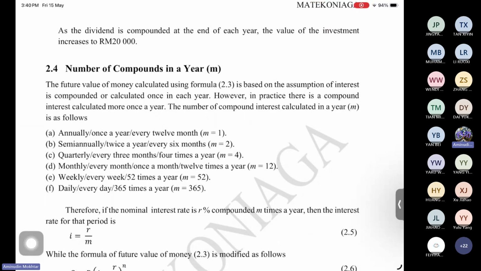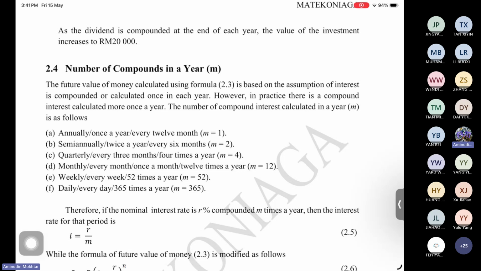That's very interesting. When we're talking about compound interest, we need to identify the number of compounds in 1 year. That is M, the number of compounds in 1 year.